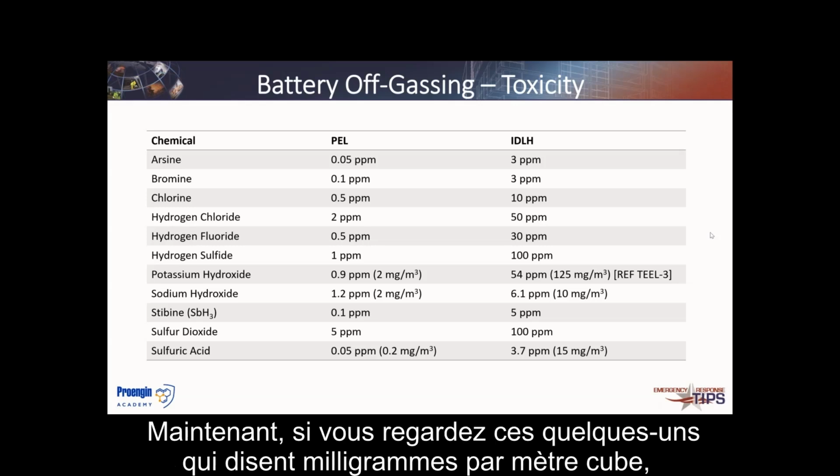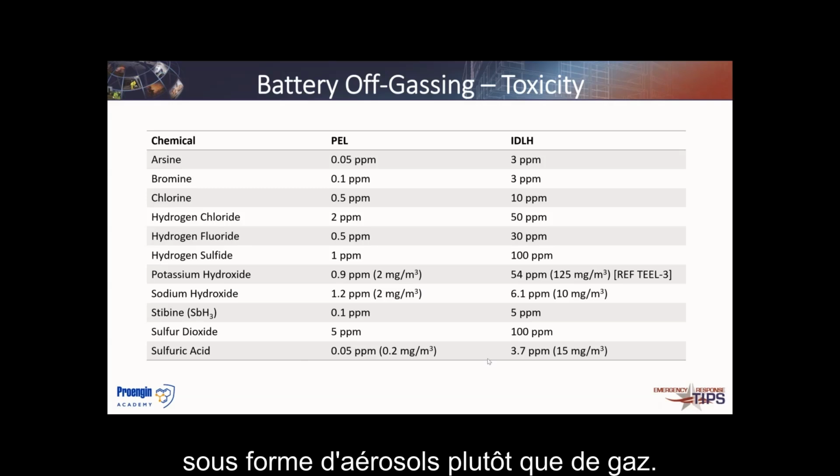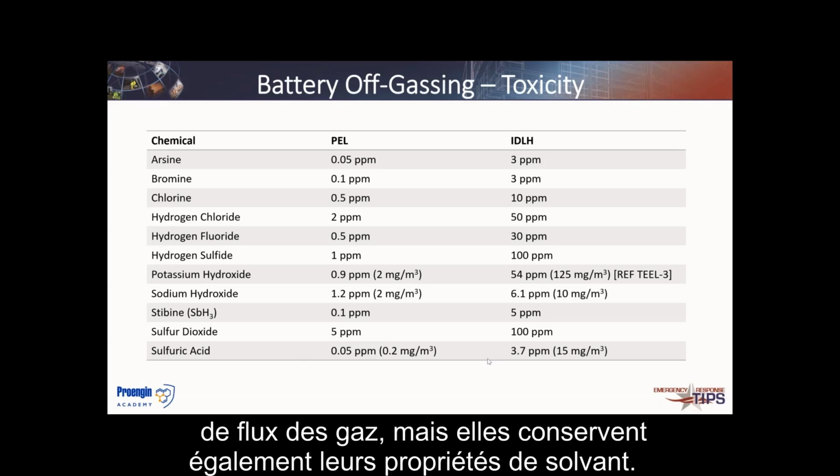Now, if you look down to these few that say milligrams per cubic meter, just remember that means that these materials are generally released as aerosols versus gases. And so they're coming out as liquids here, liquid droplets that are taking on the characteristics and flow movements of gases, but they retain their solvent properties as well.